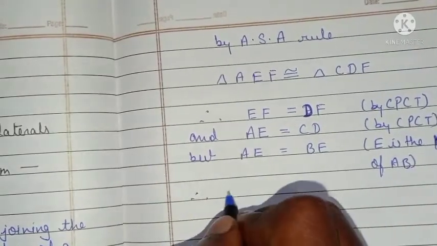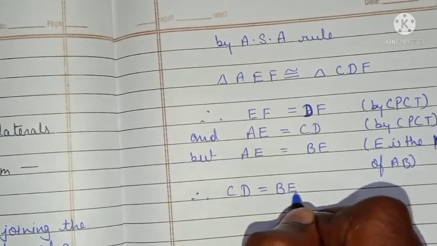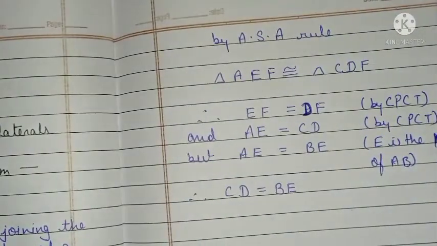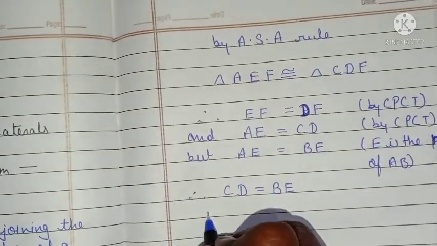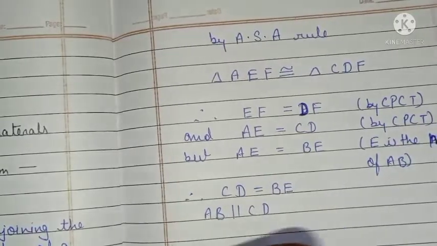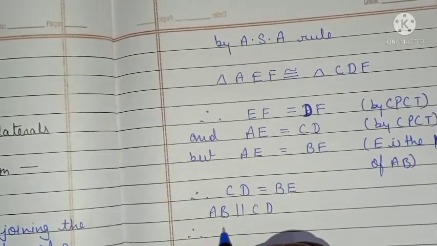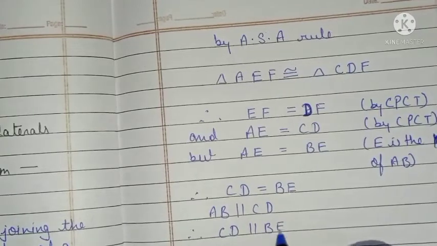Hence CD equals BE. AB is also parallel to CD. Hence CD is parallel to BE.